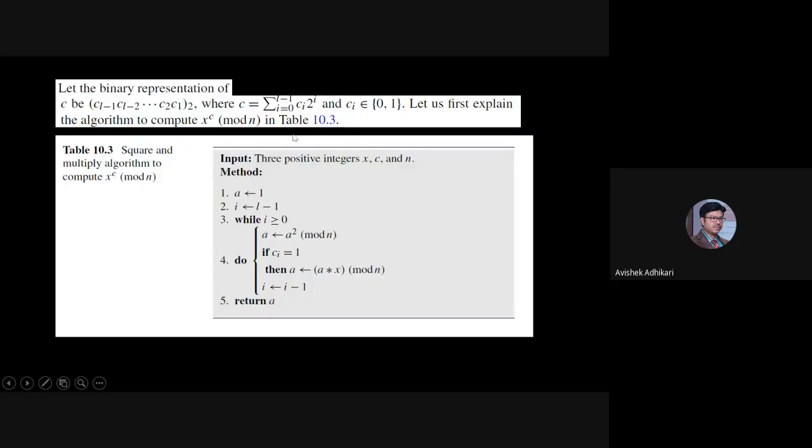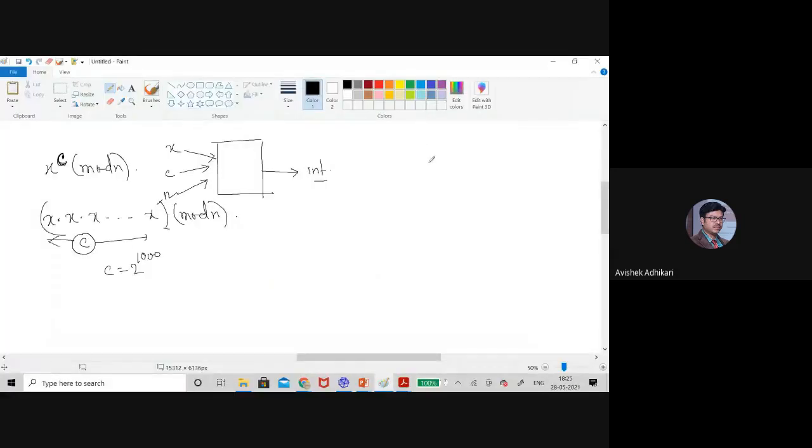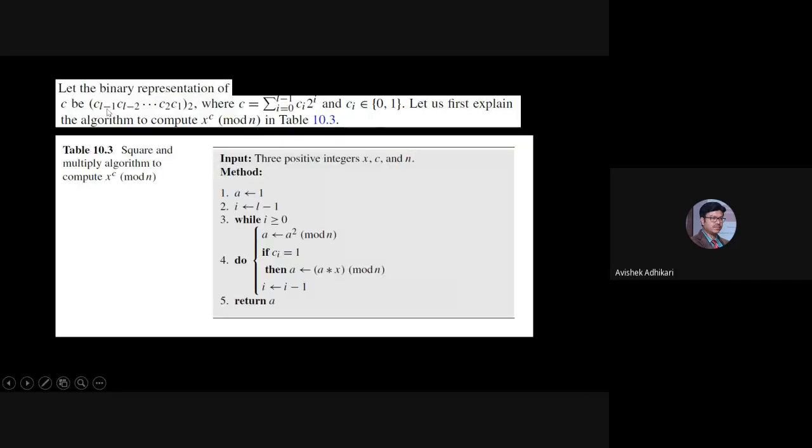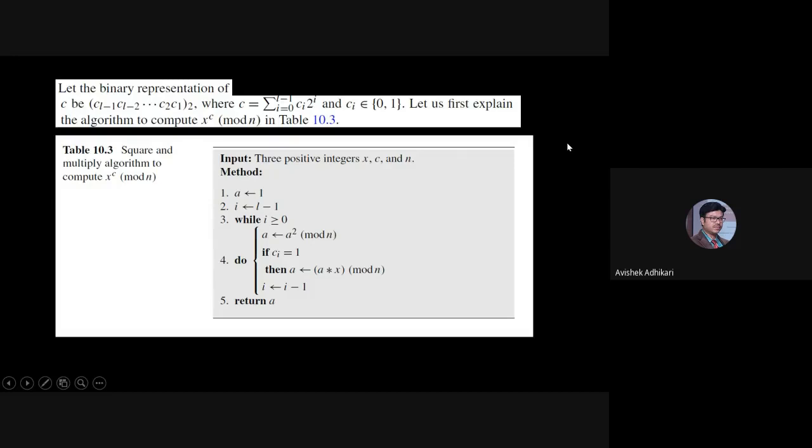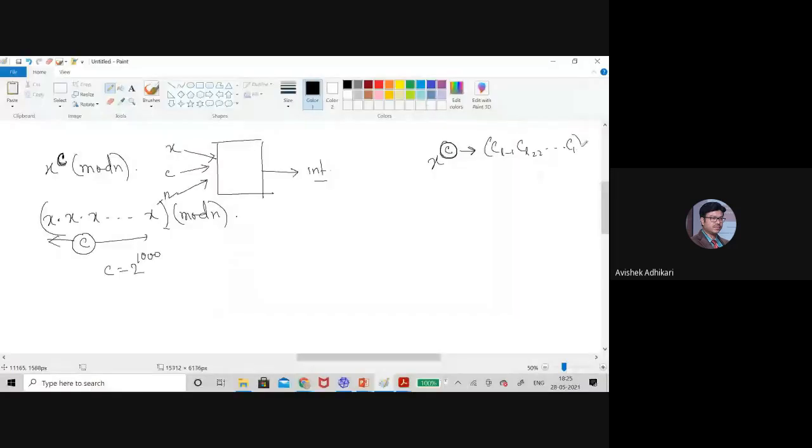Okay, so let us have a look at the algorithm. It's very easy. First you consider the c in x to the power c, and make a binary representation of this c. Suppose the binary of c is c_{l-1}, c_{l-2}, up to c_1, in binary. Mind that it should be read from the left.